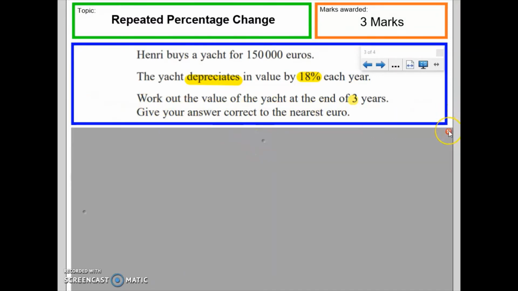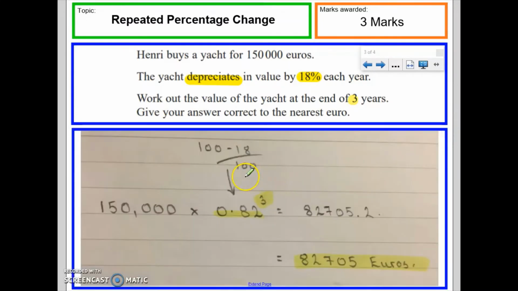This is what my working out looks like. So first of all, I've thought about converting an 18% decrease into a decimal multiplier. 100 take away 18 divided by 100 leaves me with 0.82. 0.82 reflects an 18% decrease in value. 100% take away 18%, so I'm dealing with 0.82.